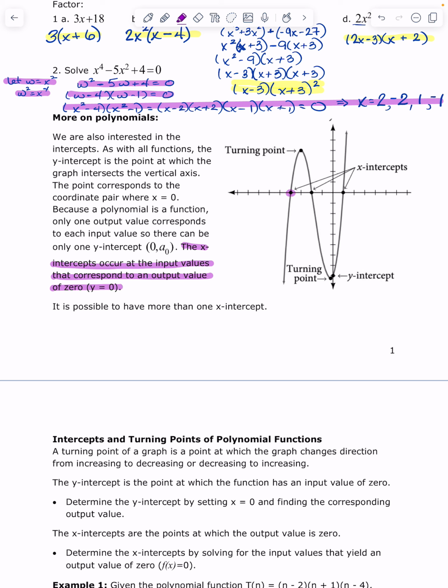And I'm highlighting it in the same color because that's what we just did above. We found those zeros. Each of those zeros, and this graph does not go with above, has an x-intercept that goes with it, because what we found were the x's that make y equal 0.